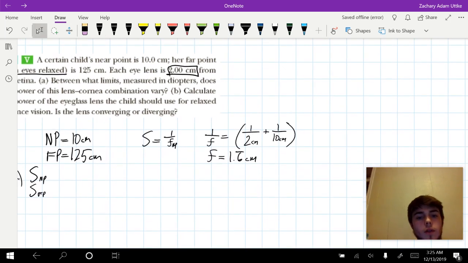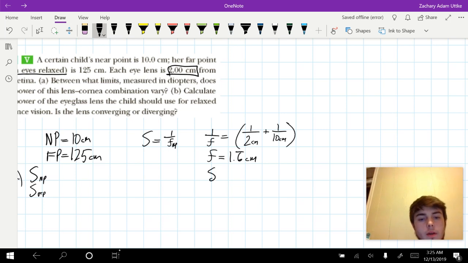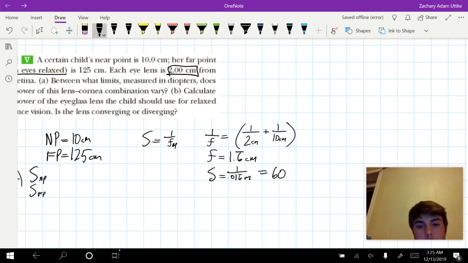Okay, and then to find S from that, we take 1 divided by 0.016 repeating meters. Okay, so we get 60 diopters.